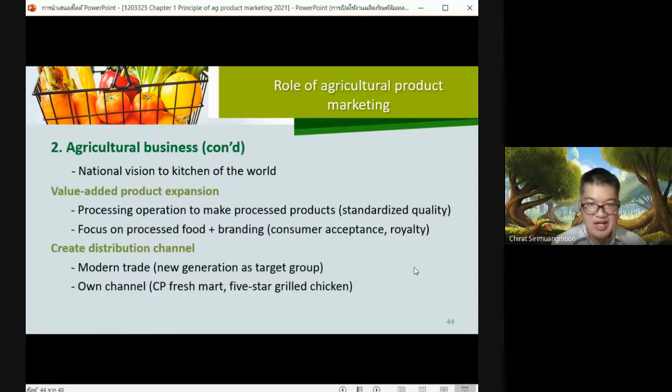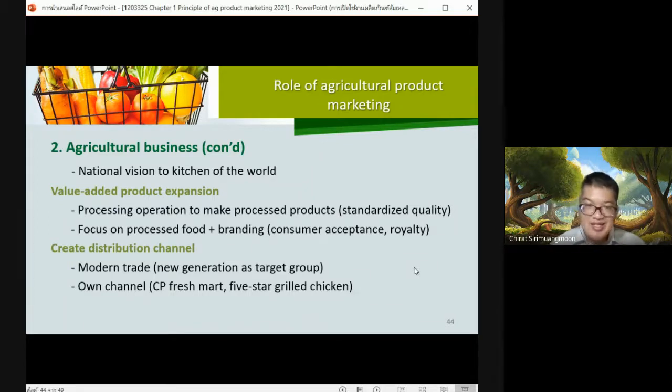And one thing that marketing can benefit is not just a good product, we need to have good branding too. We need to make the consumer accept the product and create brand loyalty. And for now, we have new ways to distribute agricultural products. For example, we have modern trade, because we have the new generation as the target group.